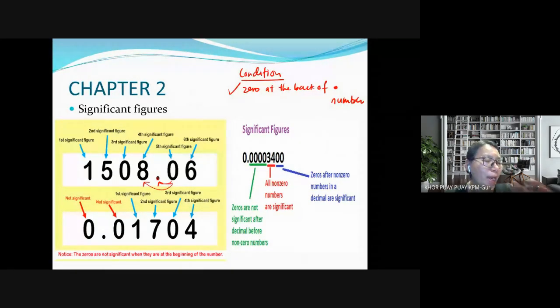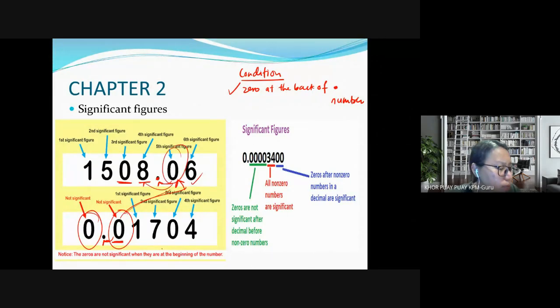Okay, so when do we count the 0 as significant? Your 0 is in between, in the middle, and the zeros at the back of a point and at the back of a number, then we count it as significant. 6 also significant. Now, what about if you have 0 in front? You see, this 0 is at the back of a point, but it is not at the back of a number. So in this case, is it the same as this 0 on top?